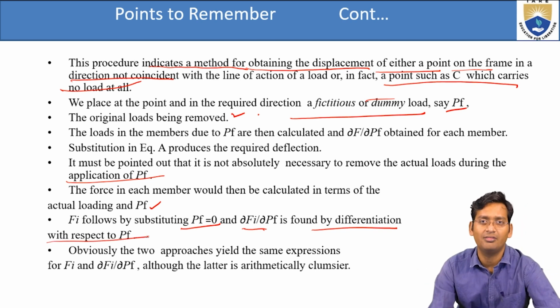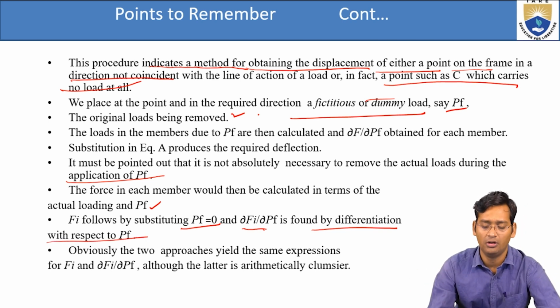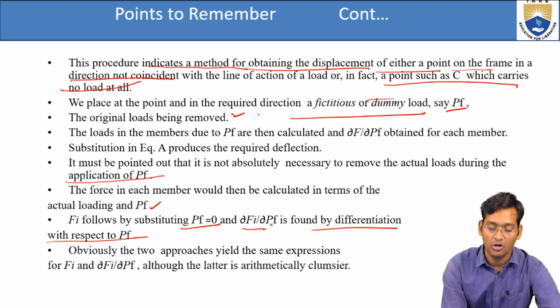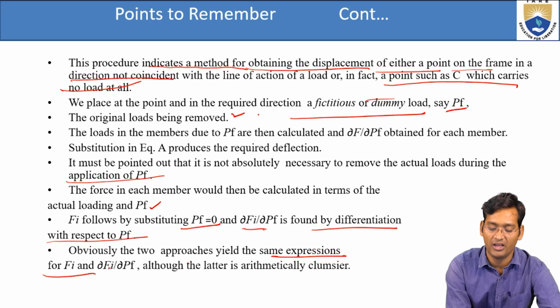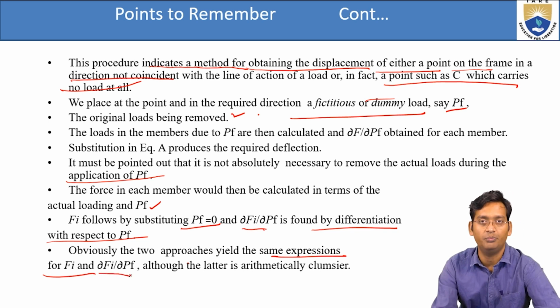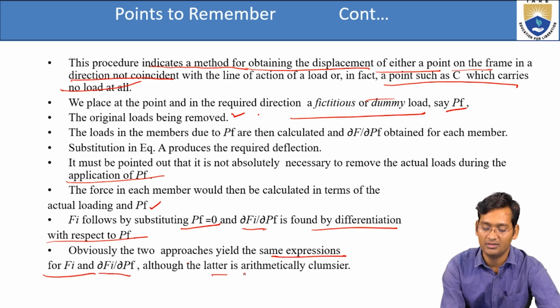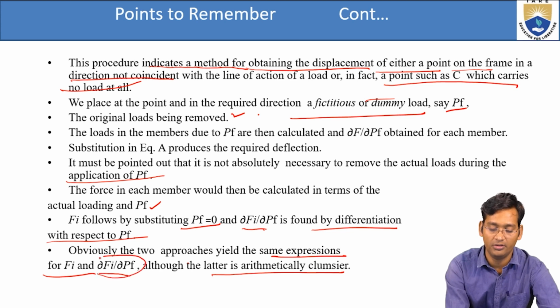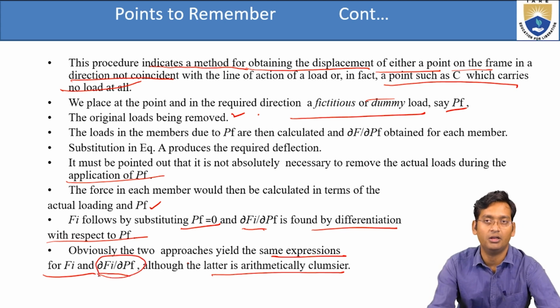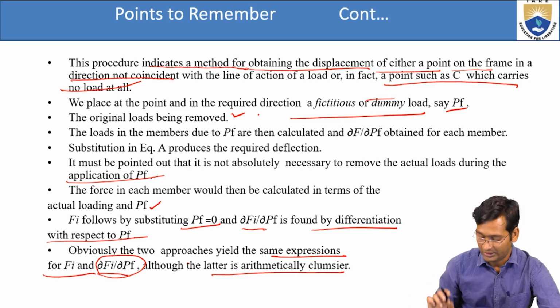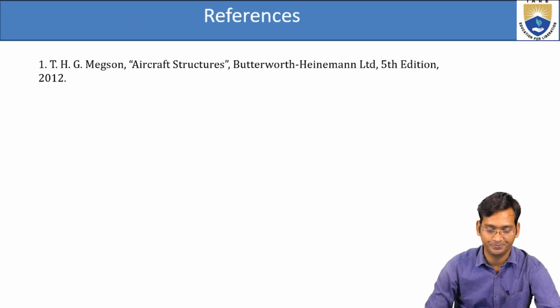Now differentiate Fi with respect to that virtual force, that is del PF. Obviously the two approaches yield the same expression for Fi and del Fi by del PF, though the latter is arithmetically clumsier. How that is, we will see in the numericals.